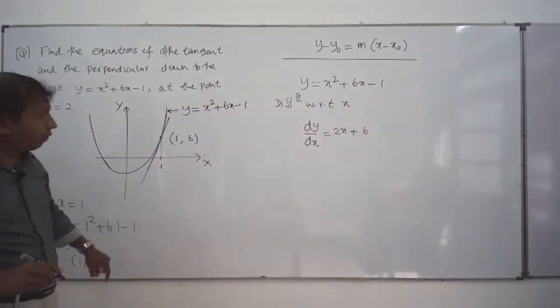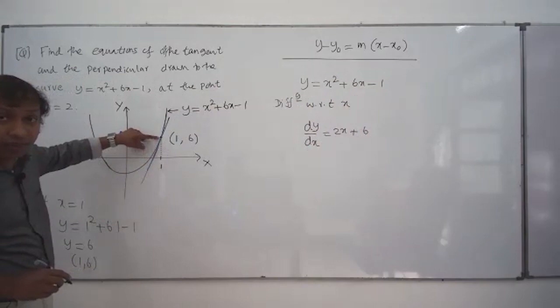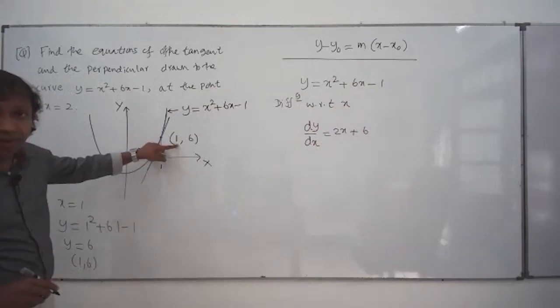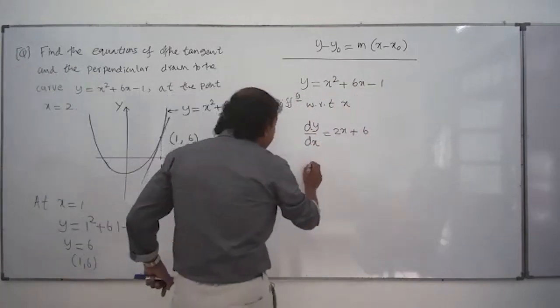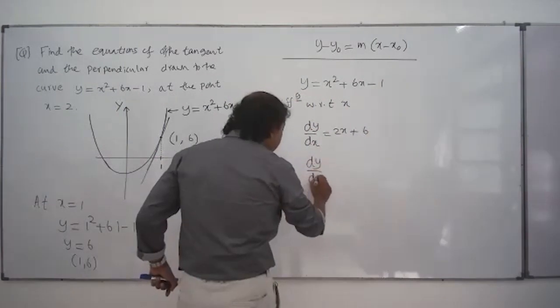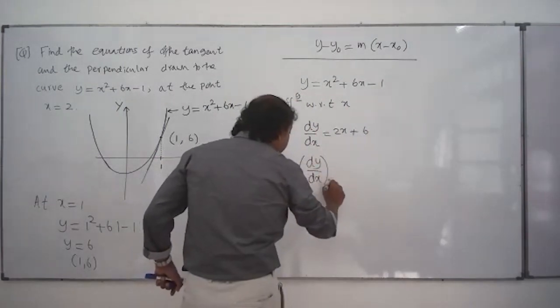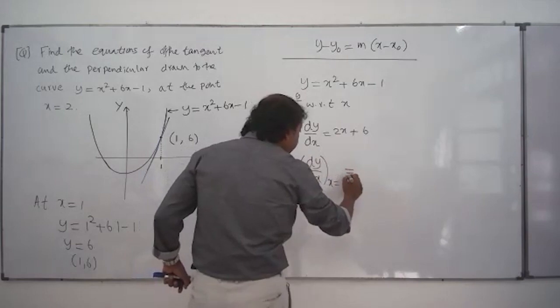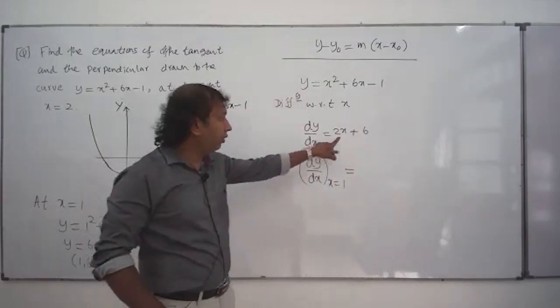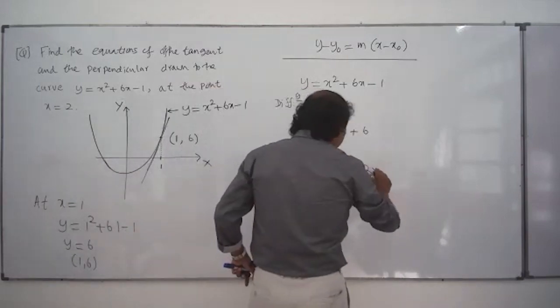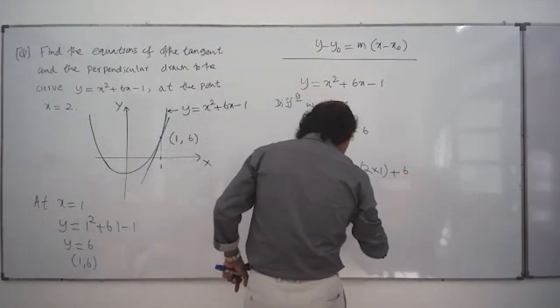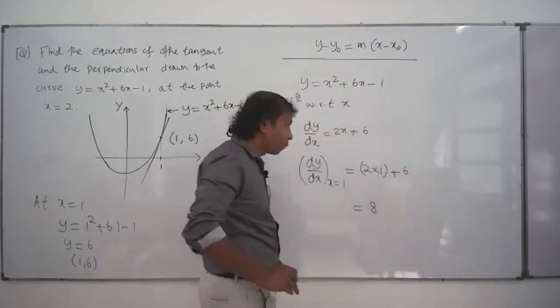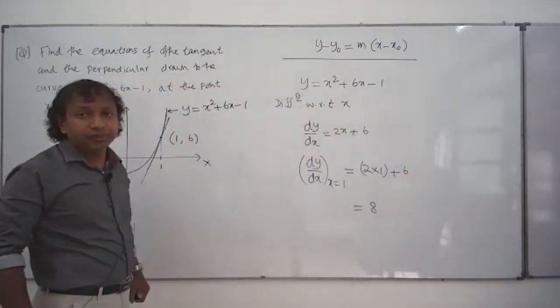Now we need the derivative at the point with x coordinate 1. Then we write dy by dx at x equals 1, and put 1 here: 2 multiplied by 1 plus 6. This is 8. The gradient is 8.